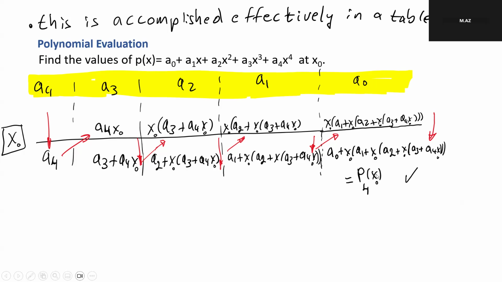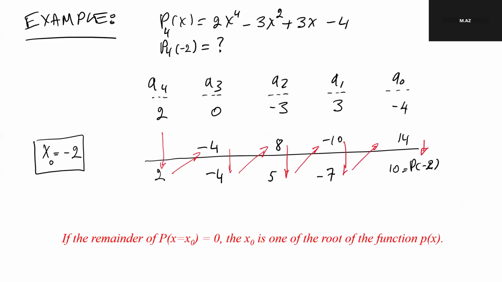Let's look at one example to show how to apply Horner's method. We have this polynomial function, and we are trying to apply Horner's method to find the value of this polynomial function at x equal to minus 2.